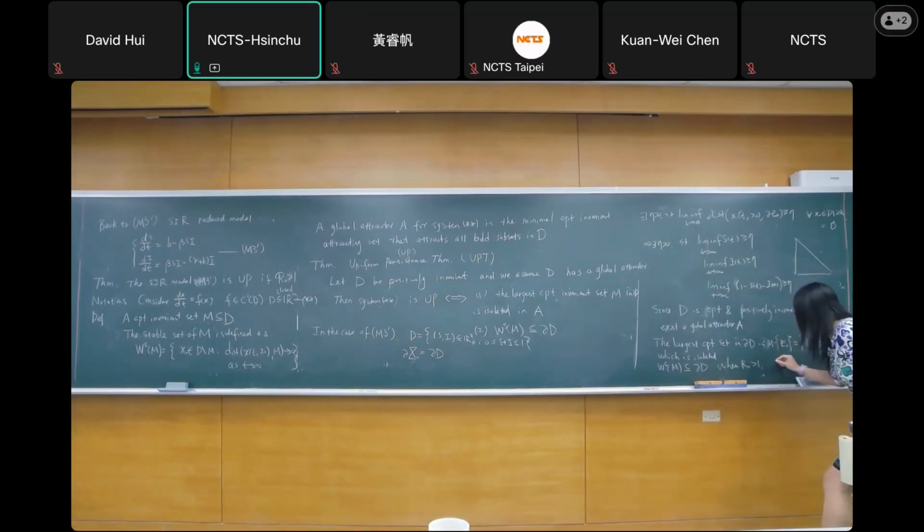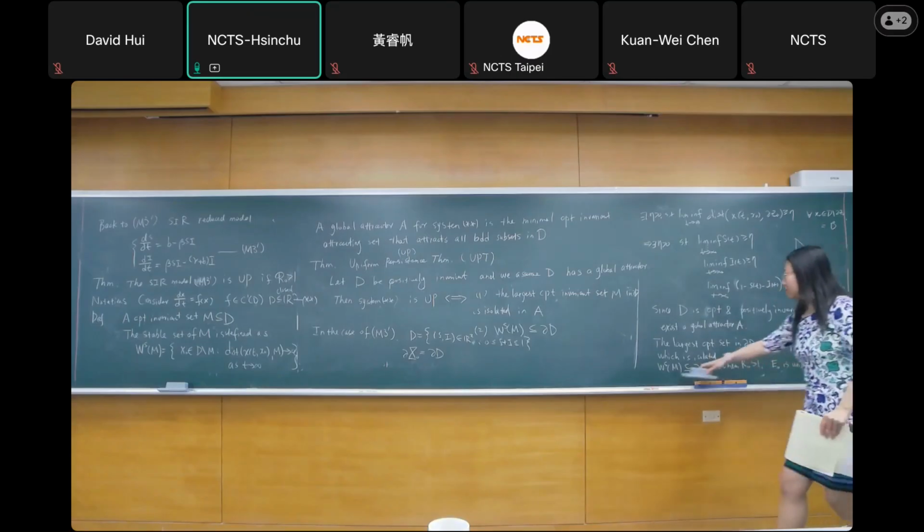Now, what do we know when R0 is bigger than 1? We know this singleton disease-free equilibrium is unstable. What does this mean? It means it's a repeller.